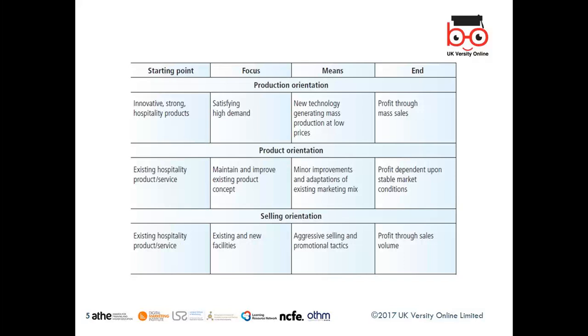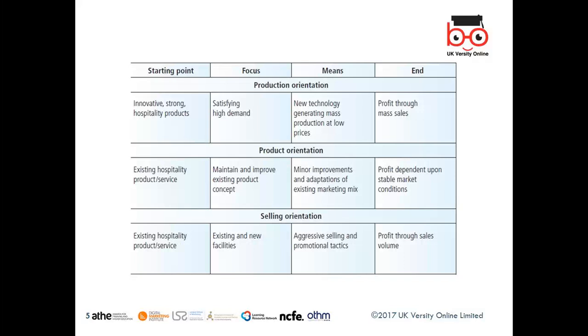Then the product orientation concept came: existing hospitality products and services, maintaining and improving existing products. So whatever product we have, instead of enhancing it, you just improve it, with minor improvements and adoption of the existing marketing mix, the 4 P's: product, price, promotion, and place.